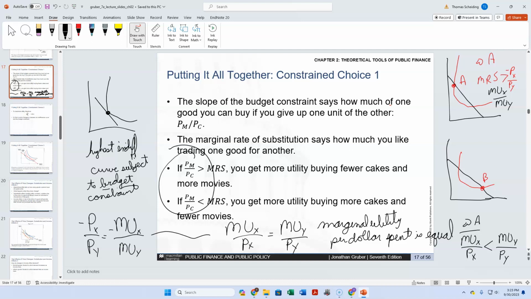So what would a person do in that case? They would buy the good where they get more utility per dollar spent, which in this case would be the good on the y-axis, which is cakes. As they spend more on y, they end up spending less on x.